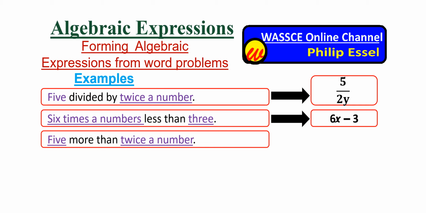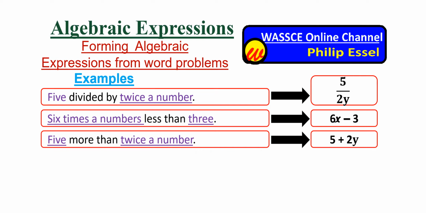The next word description states 5 more than twice a number. So let's do this one step after the other. First 5. Let's write the 5 down. More than. How do we get more than?